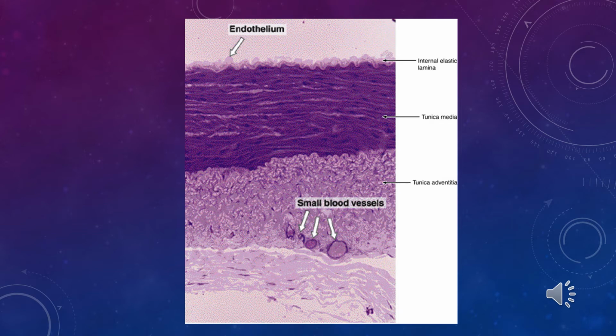A muscular artery includes smooth muscle cells in the tunica media. Here you can see on this photo from a histological specimen that there are also small blood vessels in the tunica adventitia. You can see the vasa vasorum. And here are visible the internal elastic lamina and the outer elastic lamina, which lies between the tunica media and tunica adventitia.